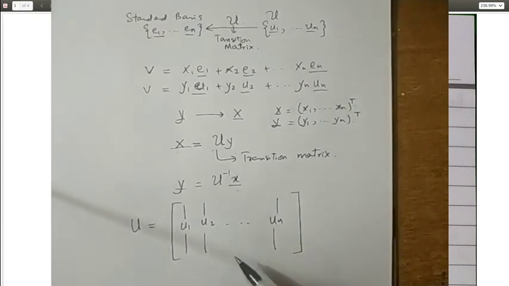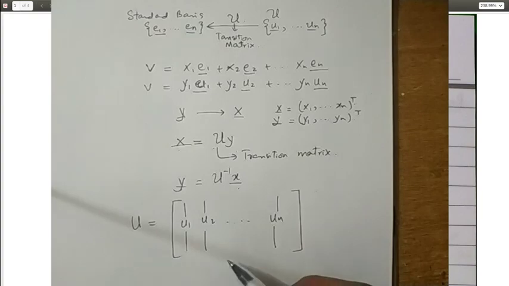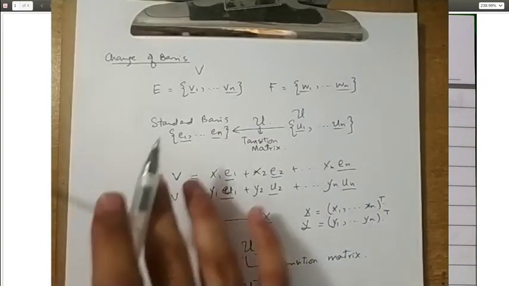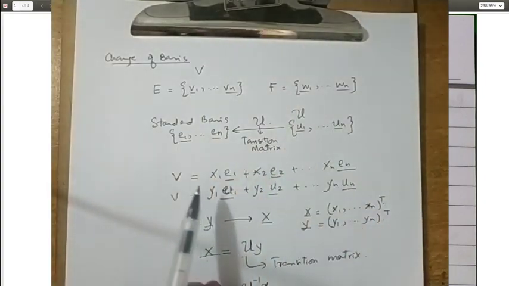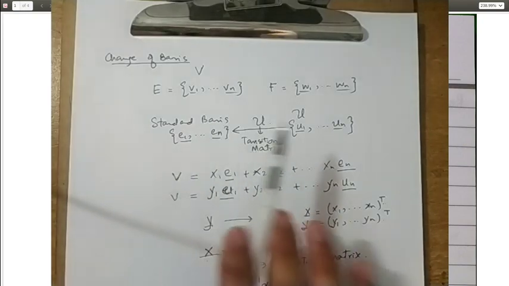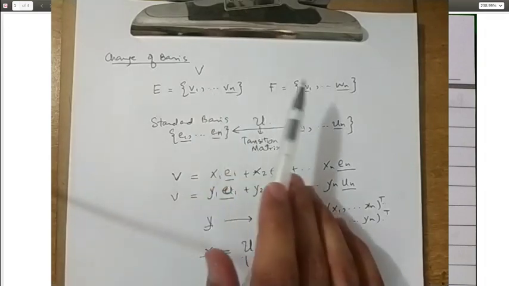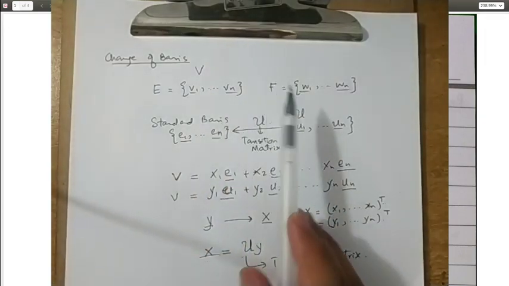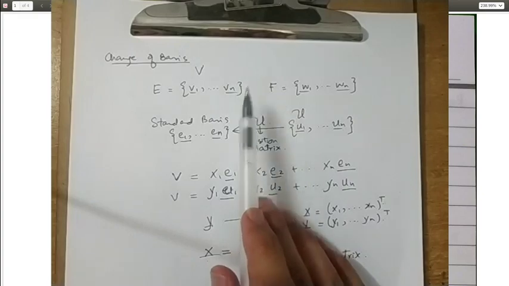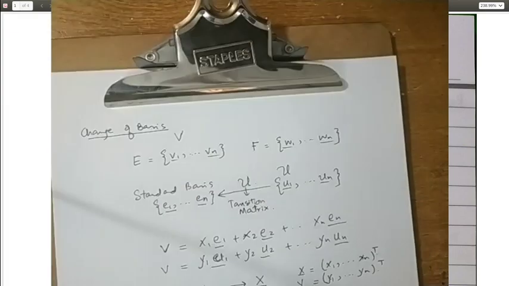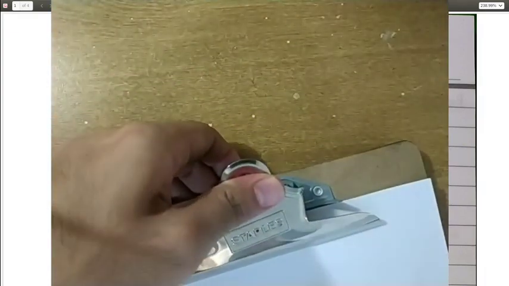And so this was the transition matrix. This is how we go from one basis to another basis, at least from the standard to a non-standard and a non-standard to a standard. And the way to go between two non-standard bases is just to go from one non-standard to a standard and then from the standard to the other non-standard. So this was something that we did in the previous chapter.